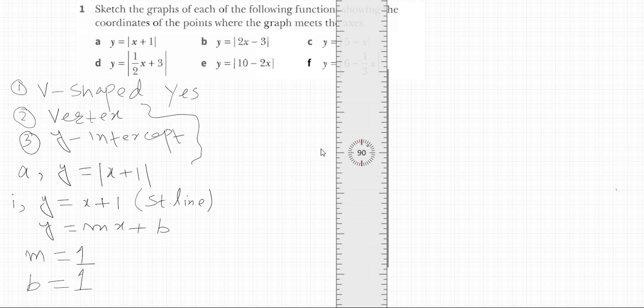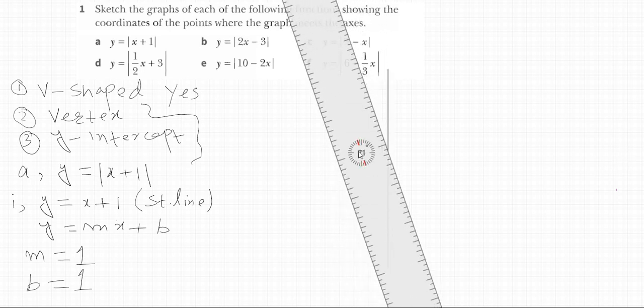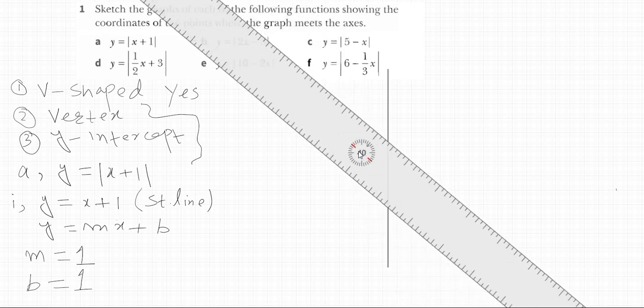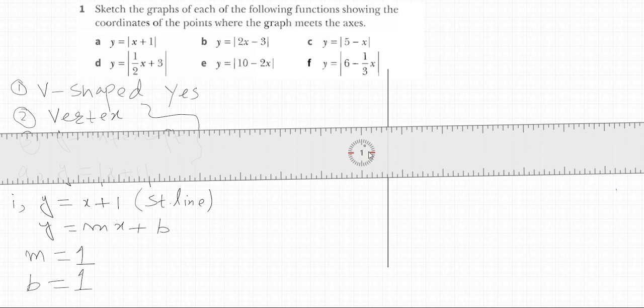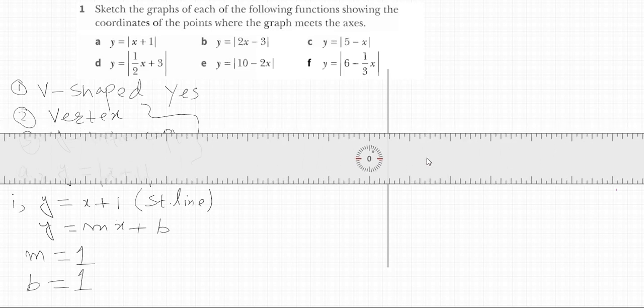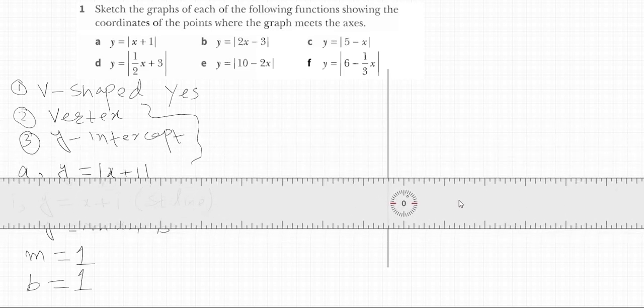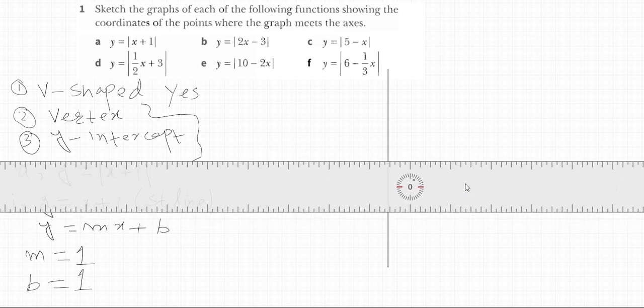This is the y-axis and this is the x-axis. So this is my scale of whiteboard.